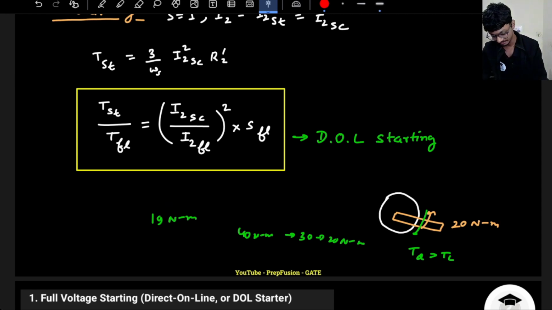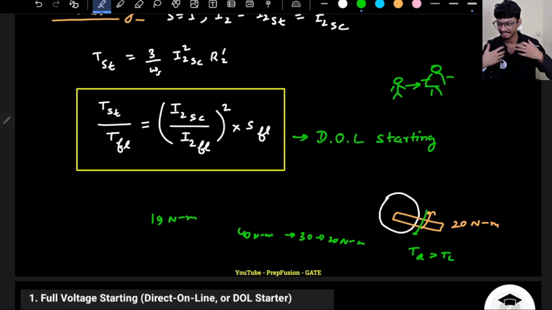Basically, I am here, a very lean guy, and that heavy guy is here. I am trying to push him, but my power is not that high, my torque is not that high. So he will not move because his weight is very high. Let's say he is 100 kgs, and my weight is maybe 50 kgs.